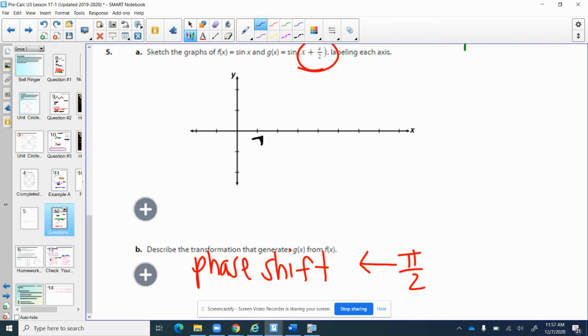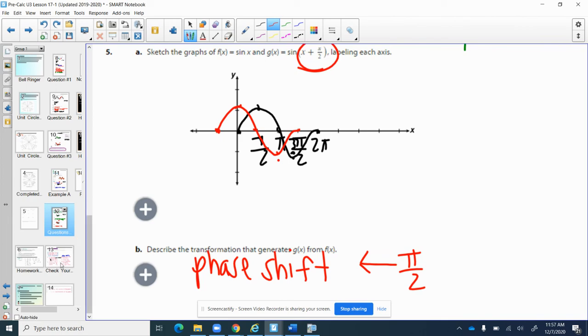So again, if we look at our traditional sine graph, parent function wise, we know that it starts at 0, goes up, down, back to the beginning. But when we're shifting it to the left pi over 2, we would now be moving it all over this way. So left, up, down, back to beginning.